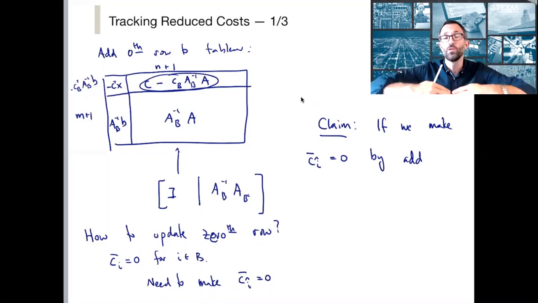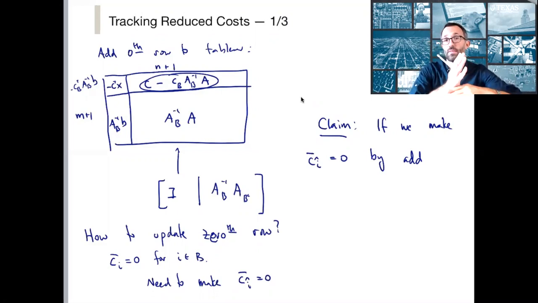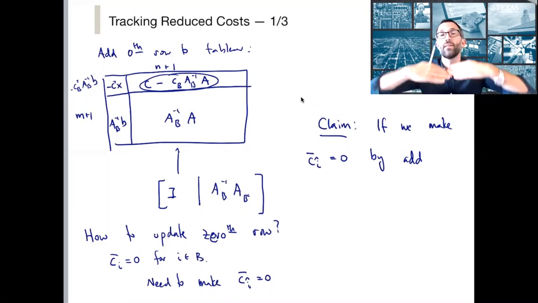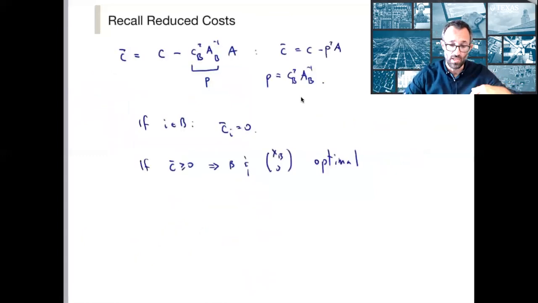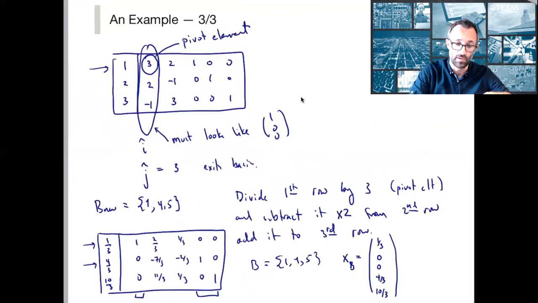The same thing we used to make that column be one of the columns of the identity. We're going to add or subtract a multiple of that row with the pivot element. The pivot element was 3 in our previous example. When we divide by 3, this looks like 1, 2/3, 1/3, 0, 0.